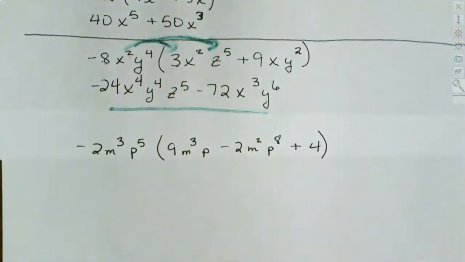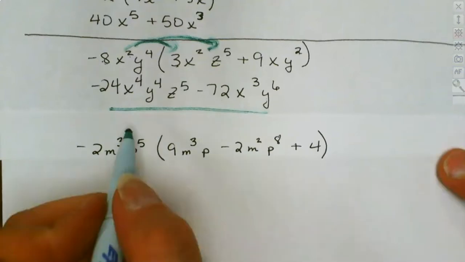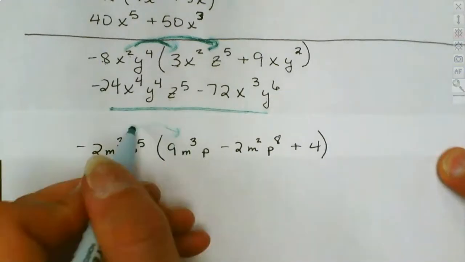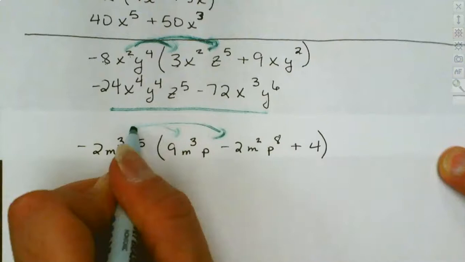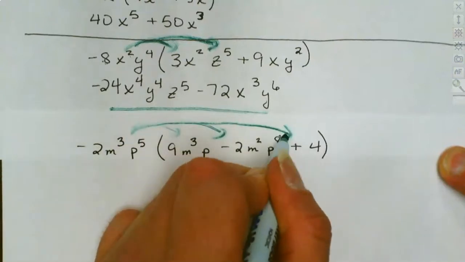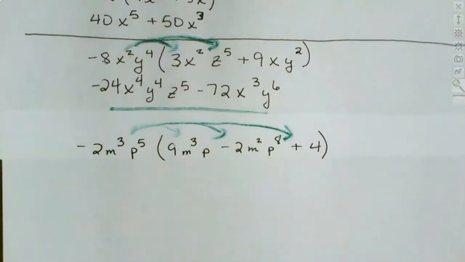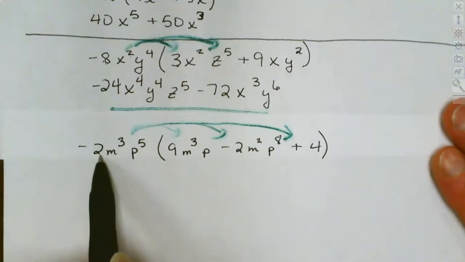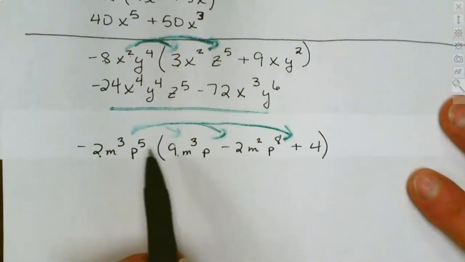So let's look at this one now. Same concept, distribute through. You just distribute through term for term here. And the plus sign separates each one, plus or minus sign. So we're going to distribute through. So we've got negative 2 times 9.